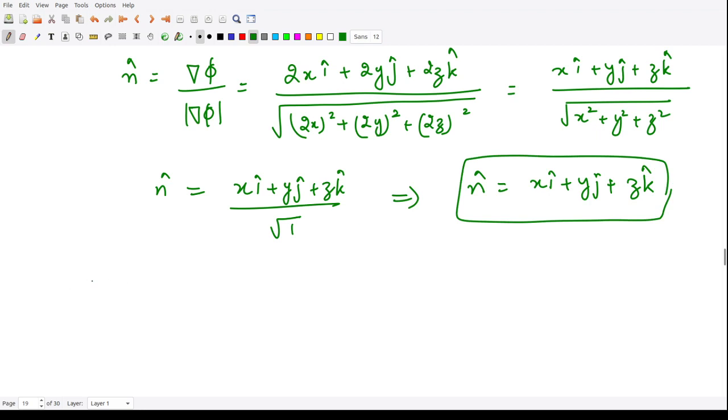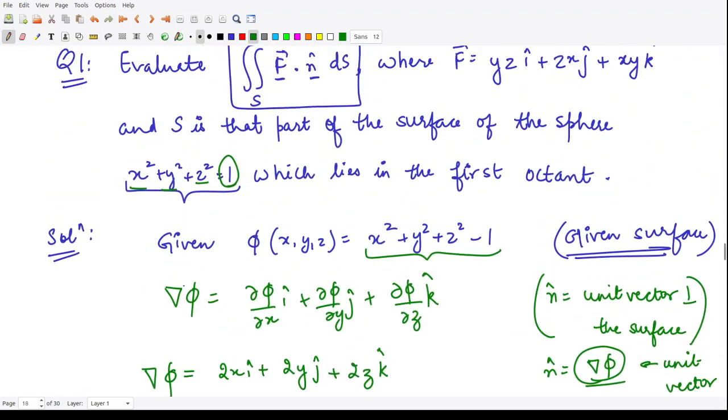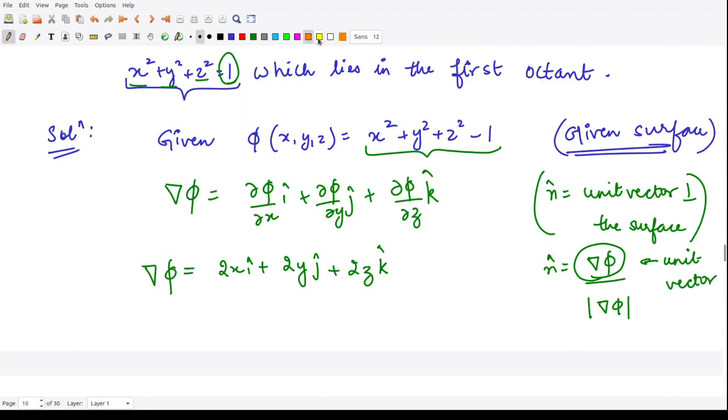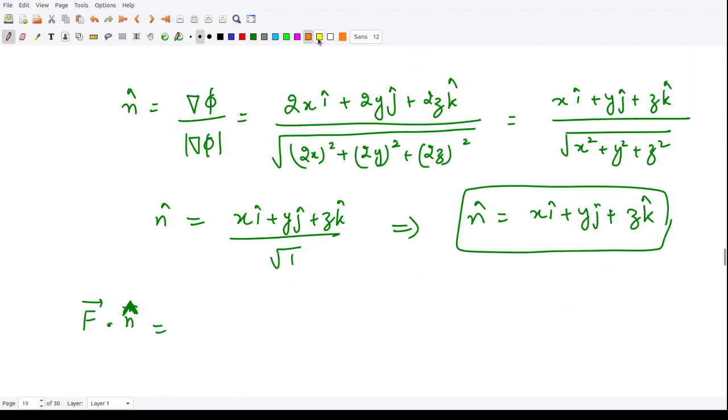Now in order to calculate our integral, we are to calculate the given vector F dot with the unit vector n. What is the given vector F? The given vector F is yz i cap plus zx j cap plus xy k cap.